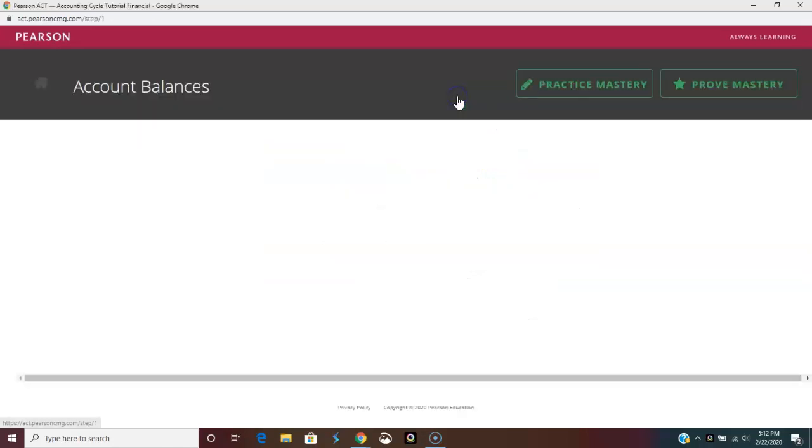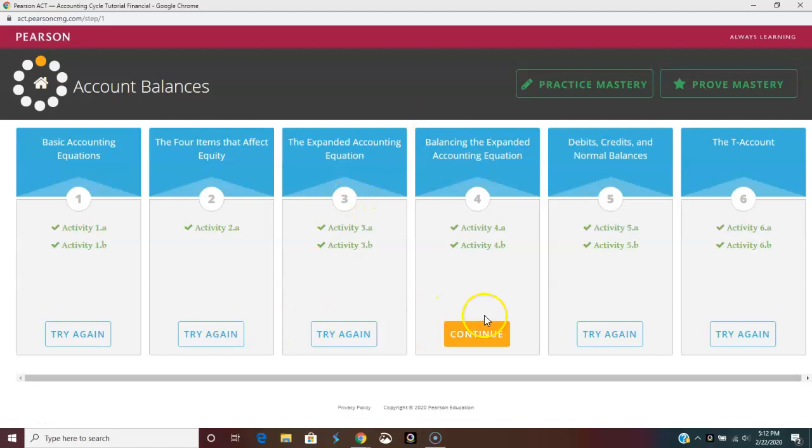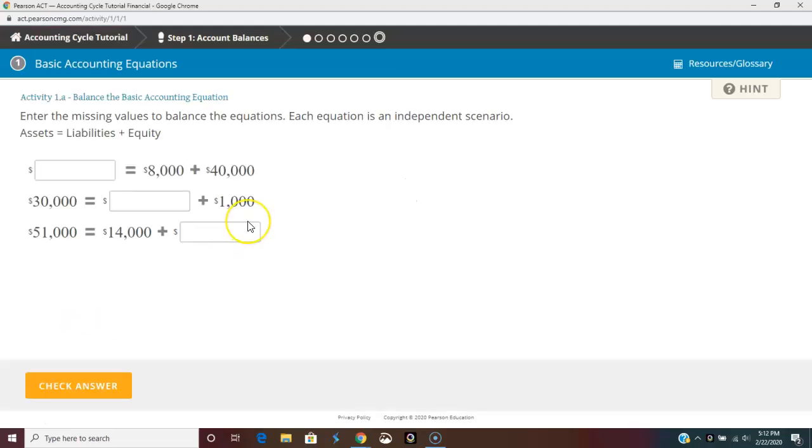So starting with chapter 1, this asks me to do a bunch of things, and I'm going to hit try again because I've already done them. And first thing it asks you is enter the missing values to balance the equations. Each equation is an independent scenario, so you have to look at the accounting equation, assets equals liabilities plus equity. So what's missing? Missing is assets.